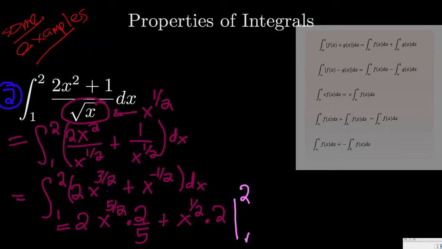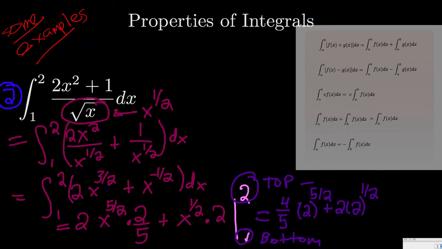Okay, so we just plug these guys in, and again, top minus the bottom. If you plug in 1, we get 4/5 plus 2.